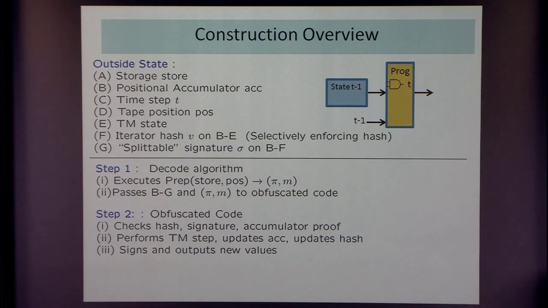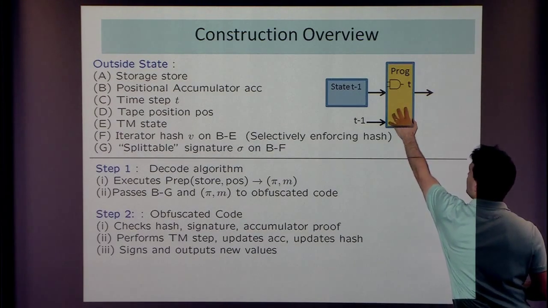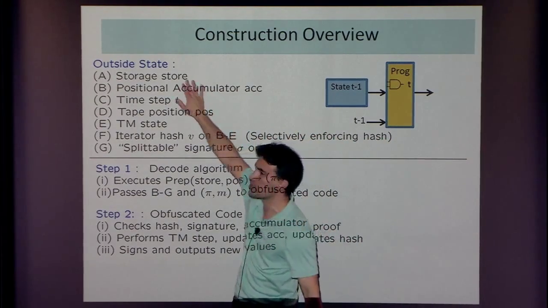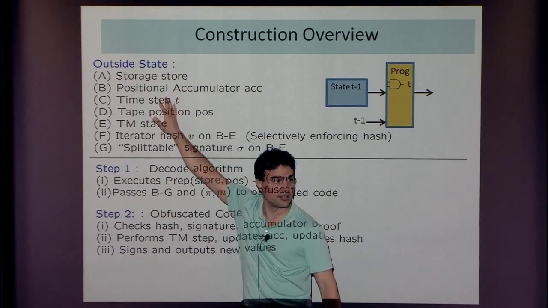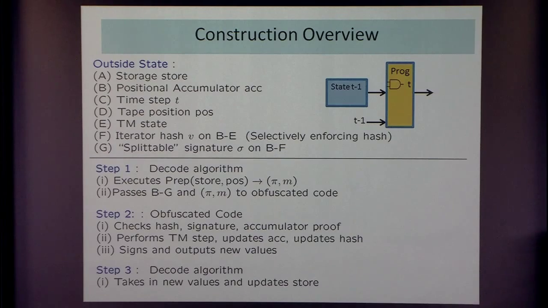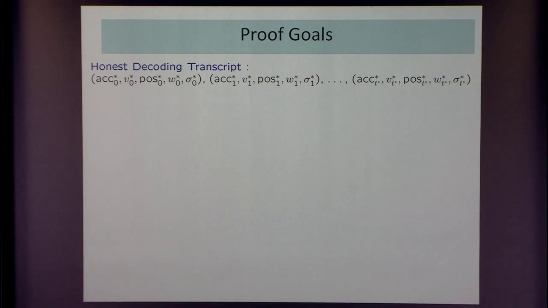Then it will output the step, update the accumulator, update the hash, and sign all these output values. So we collect a bunch of stuff, run it through the Turing machine step, and get out new stuff. The important thing here is that this big storage, this large tape, is actually not passed in. So point A is not passed in over here. Then the decode algorithm will update the storage value.